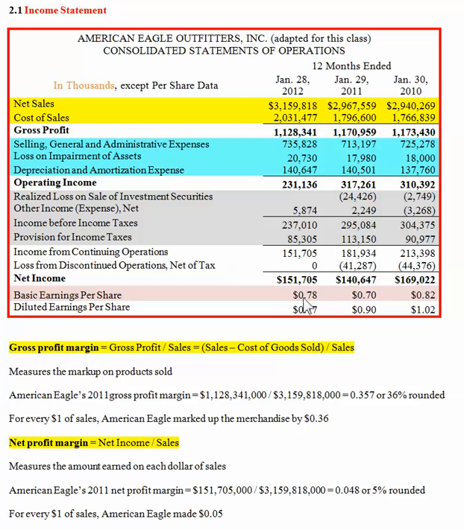Now, as far as, let's jump down to net income. An important measure is your net profit margin. What companies or analysts will want to do is take net income and then divide it by your sales. And the end result is it measures the amount you earned on each dollar of sale.